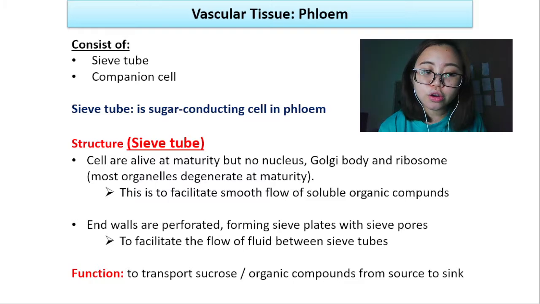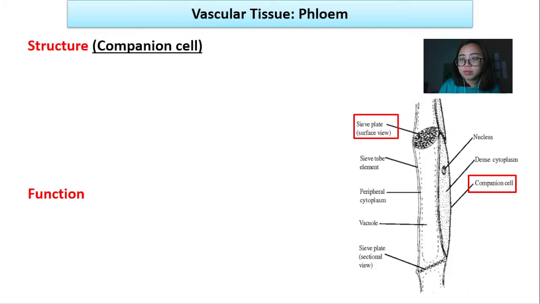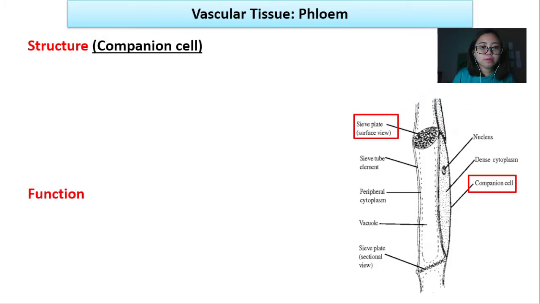And the function of the sieve tube is to transport sucrose or organic compounds from the source to the sink. Okay, later we'll go into that in more detail. We will talk about the other type of cell that you can find in phloem tissue. So the other type of cell that you can see is the companion cell.